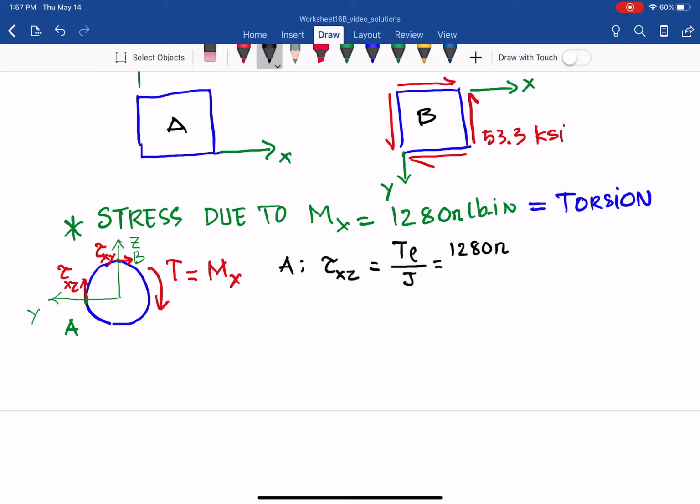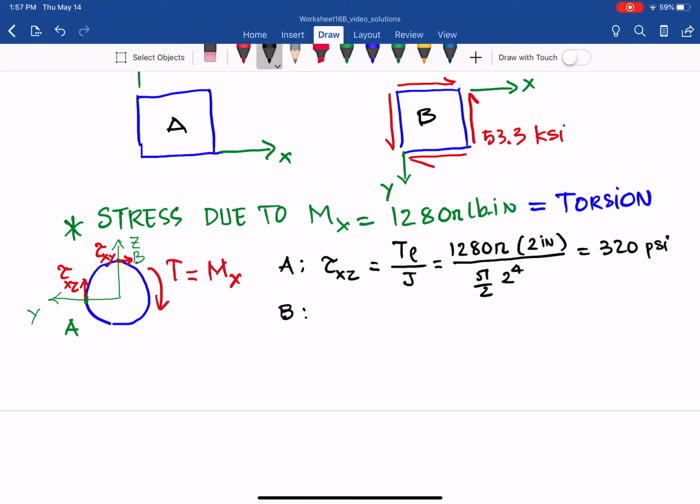Rho is the radius of the shaft, so it will be 2 inch, divided by J, so pi over 2 times radius to the power 4. From that we have 320 psi, that is tau XZ.